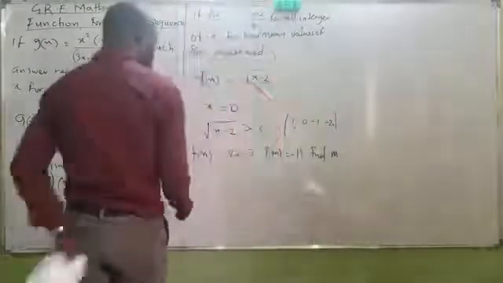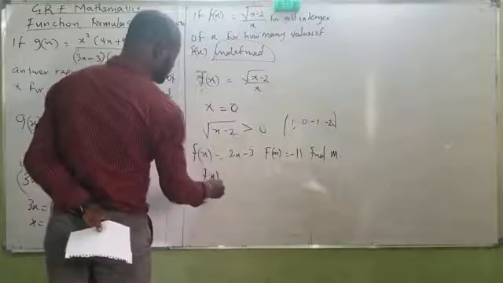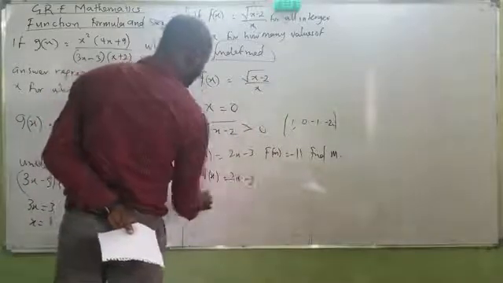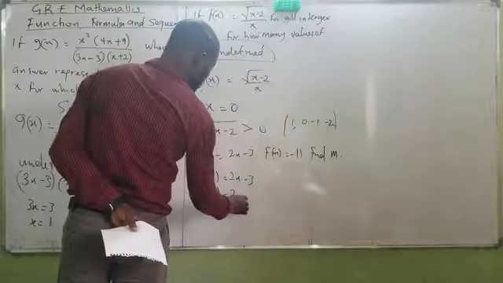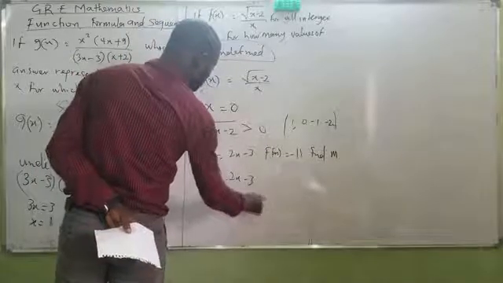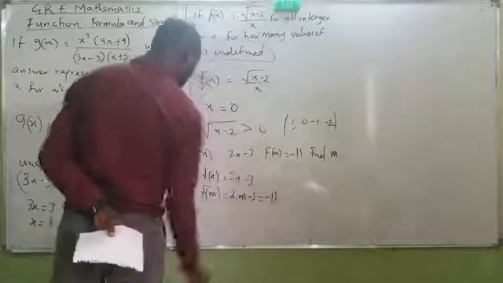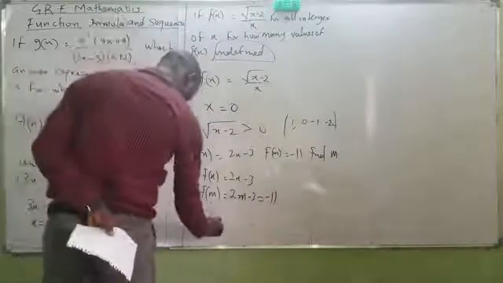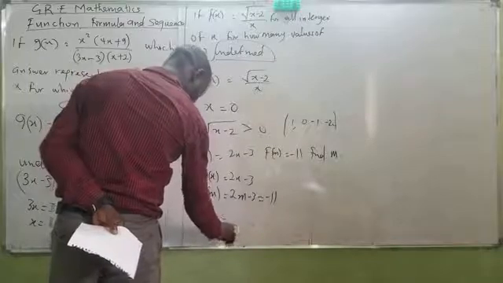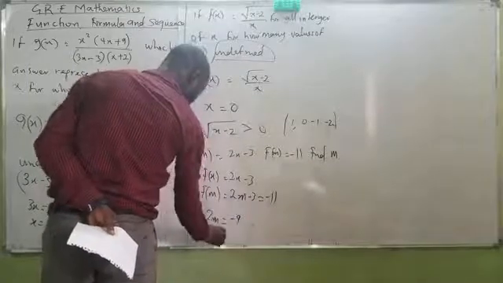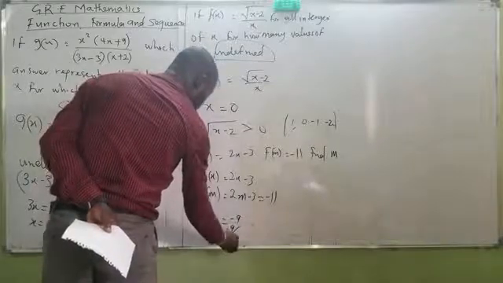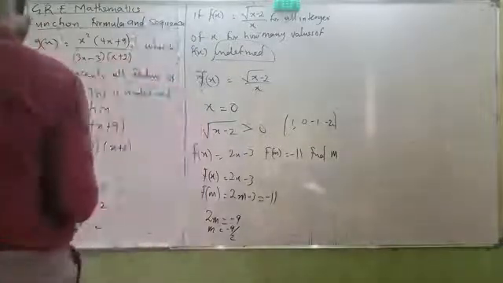What I just need to do is that f of x equals 2x minus 3, so f of m will be 2 times m minus 3 equals minus 11. By so doing, I will have 2m equals, I think, -9, which means m equals -9 all over 2. That's what I'm going to do there.